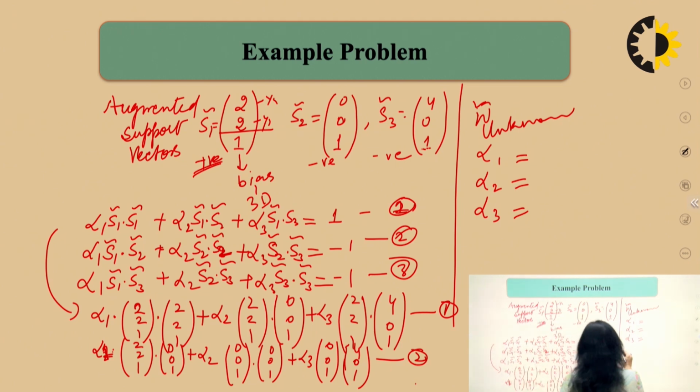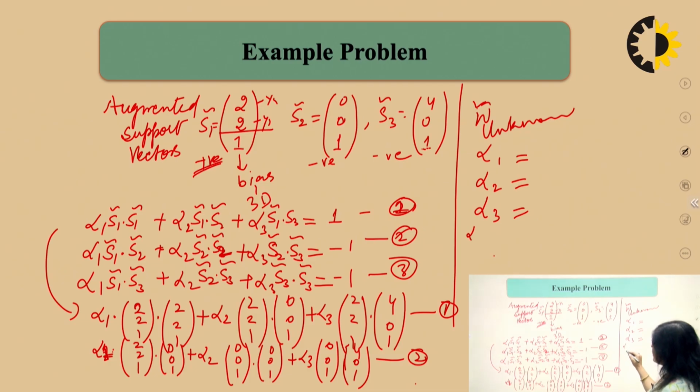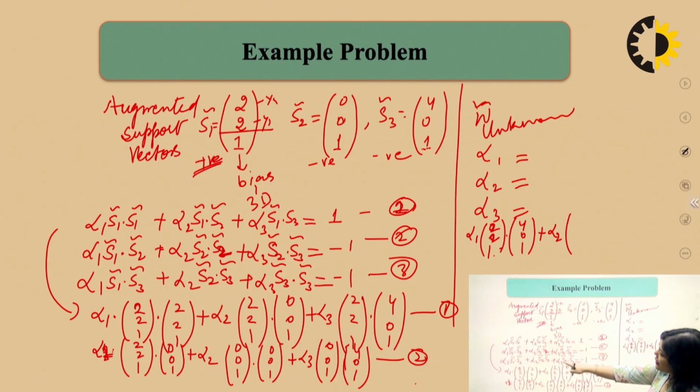Now for the third equation, you will write alpha 1, S1 is 2 to 1, and you need to find the dot product with S3, which is 4, 0, 1, plus alpha 2, where you find S2, S3. So S2 is 0, 0, 1 dot product with S3, 4, 0, 1.